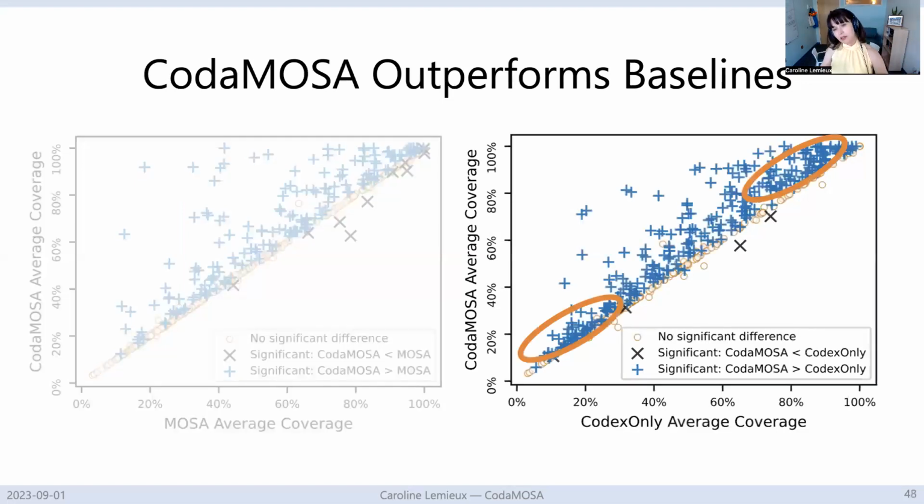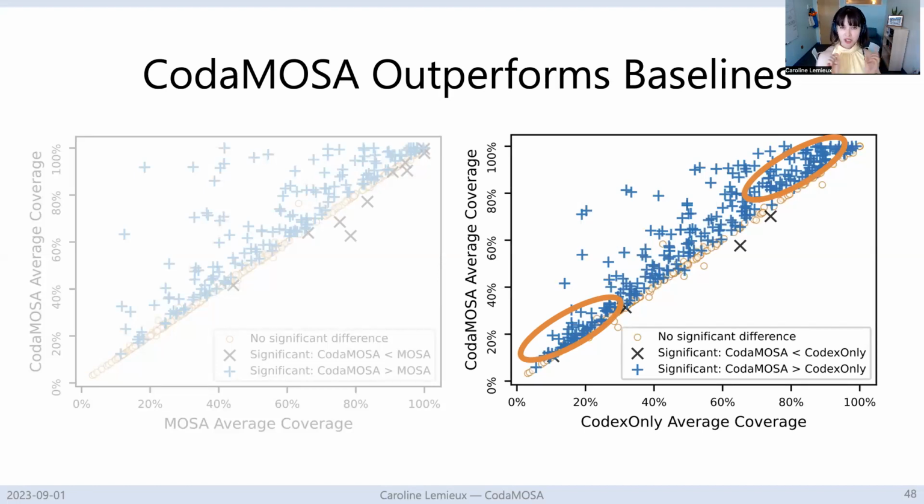But actually, we have more consistent and more increases on more benchmarks compared to the Codex only approach, the one that doesn't have any mutative search. So what this means is that the mutative search is still really important in being able to exercise little different behaviors in a consistent manner compared to Codex only. So overall outperforming on these baselines.